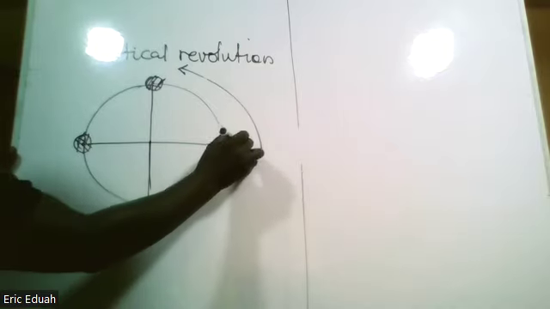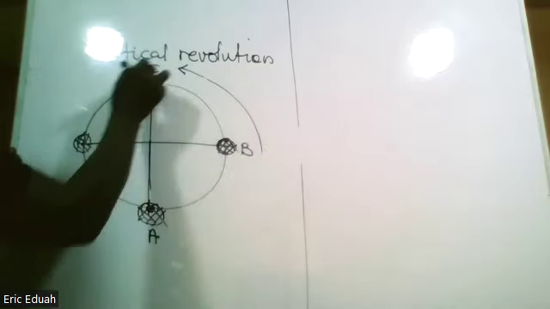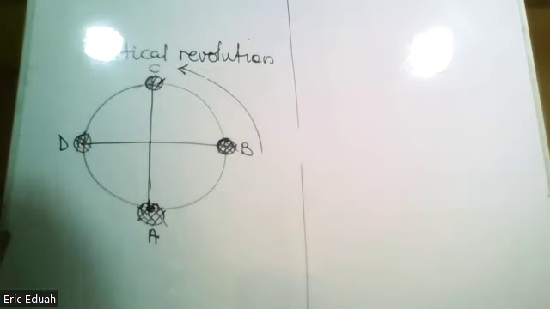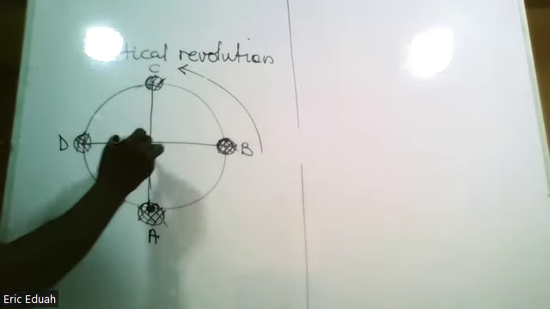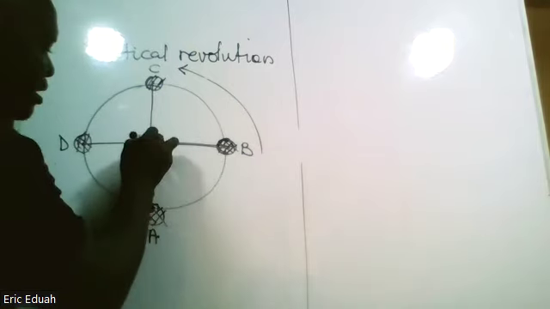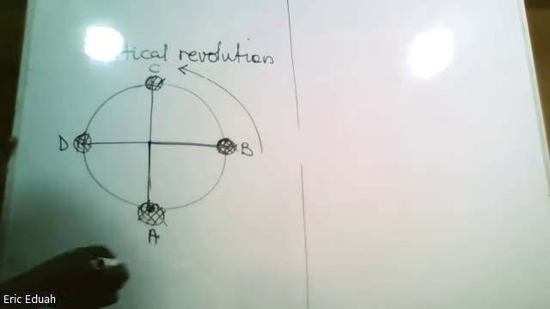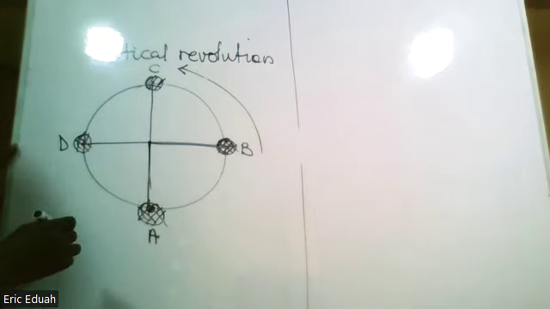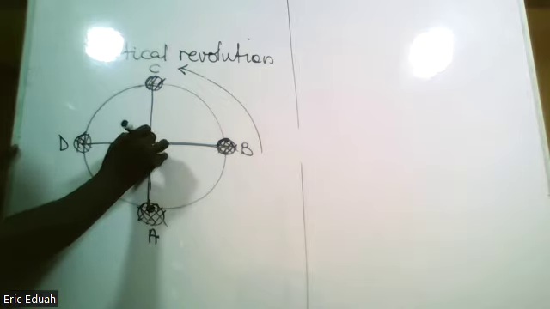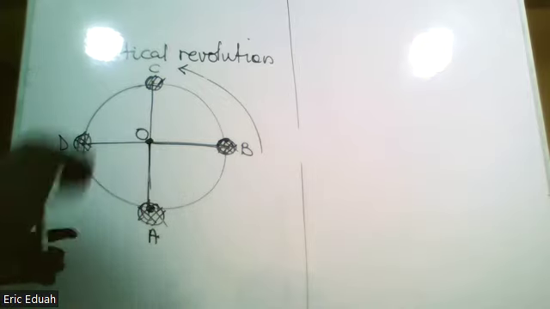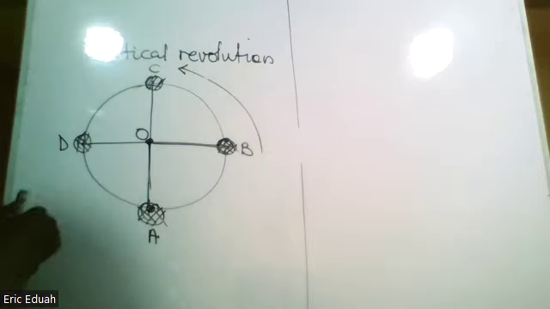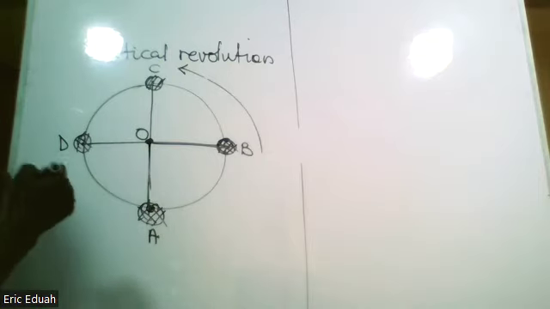A, B, C, D. This distance is the length of the string. This is the center O of the circle. So it means this is the length of the string.